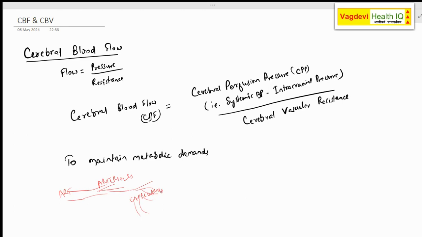So this is how it works. To maintain normal metabolic demands, it depends upon many regulatory mechanisms. So you have cerebral blood flow autonomic regulation. It depends completely on the arterioles, which maintain the normal cerebral blood flow just to maintain the metabolic demands. Cool.